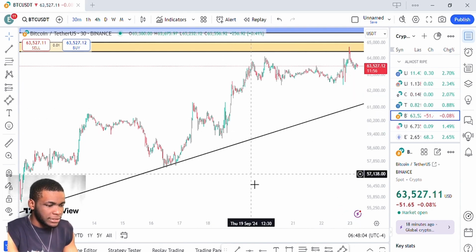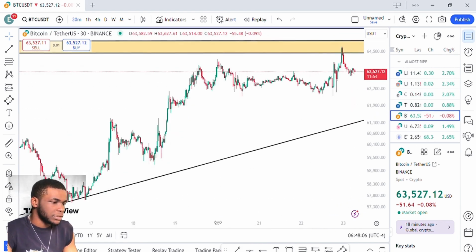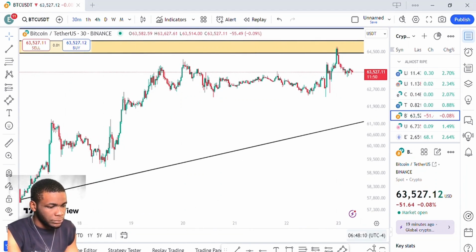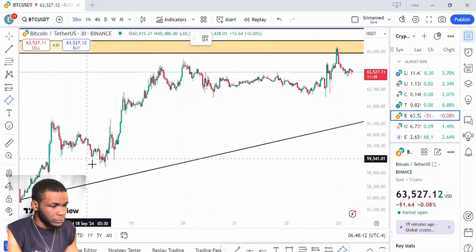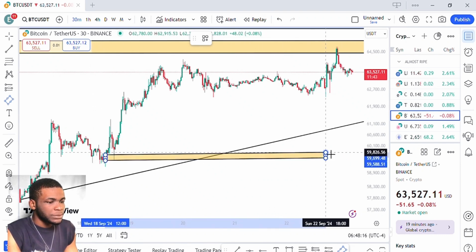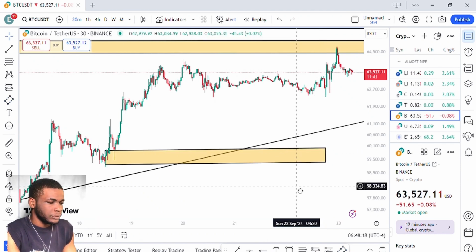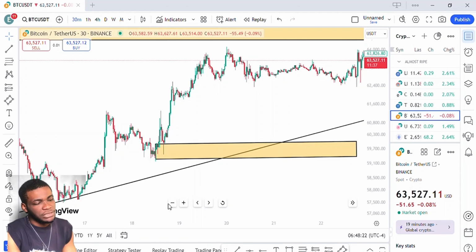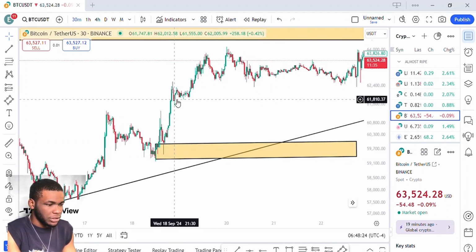Now, this is where it gets complicated for an SMC trader. This is another order block here. Let me pull it. This point here is an order block because after getting to this point, there was a spike to the upside.